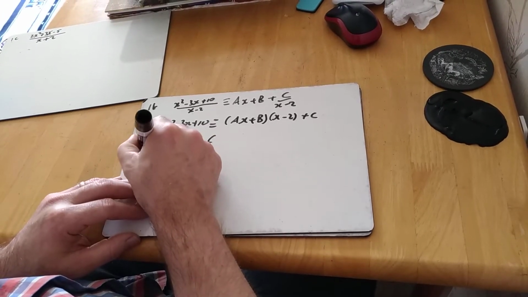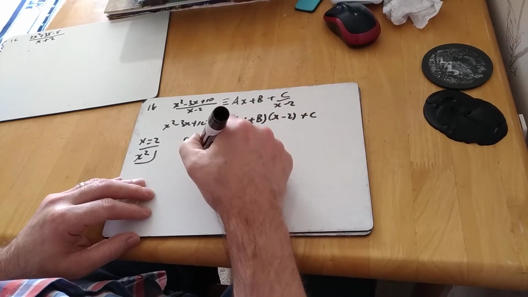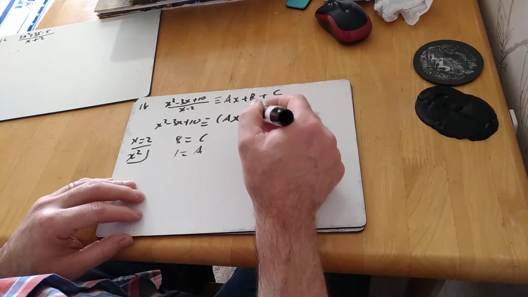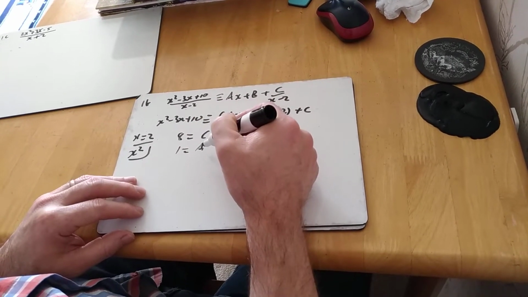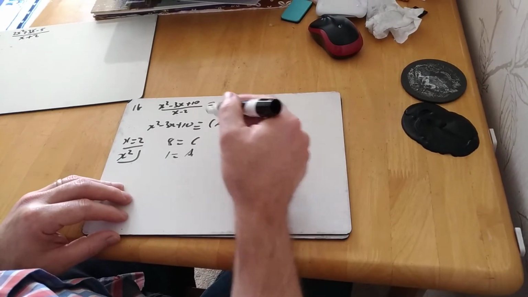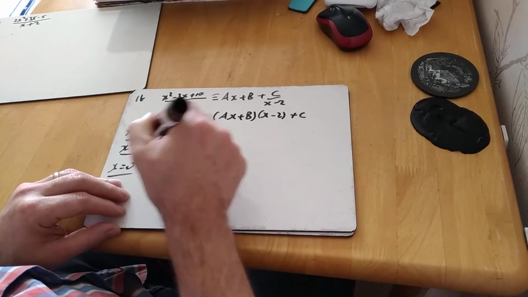Match up coefficients of x squared, because there's only one x squared there. There's only one way of getting an x squared there, which is a. And then to get b, there's no way I can get b without using these answers that have gone before. So I can either stick another value of x in, or match up coefficients. Matching up coefficients is okay, but sticking x's naught in is also okay.